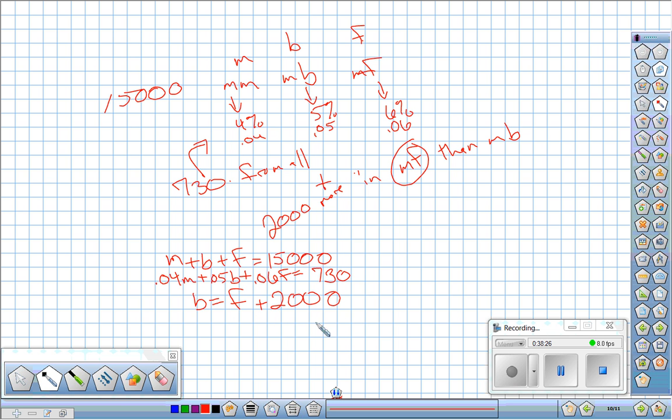Okay, those are my three equations. Since I have one letter equals something else, my first step would be to just start plugging those into both equations. And then you can plug them into both equations, and these two equations will then only have an M and an F in them. And then you can solve them like a system with just two variables.